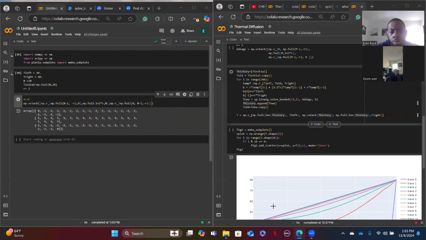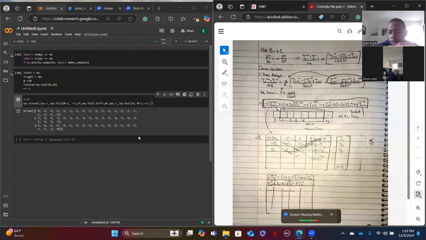Okay, so I looked back through my notes and there were a couple of issues. For the zeros that we have in the full to complete the row, we actually put them in the wrong place. This NP dot full of N minus 1 is correct, but the 0 shouldn't be inside here.